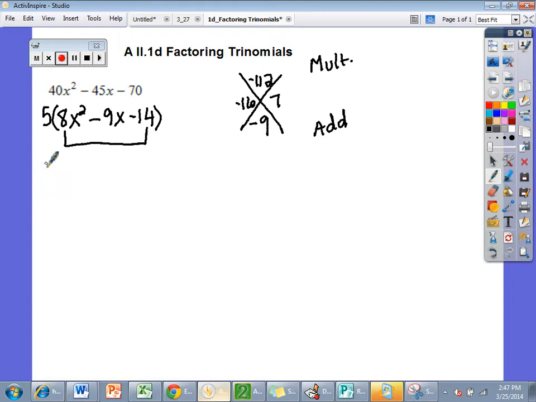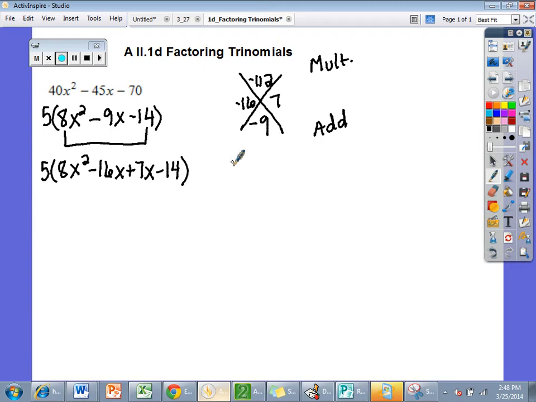So what we're doing here is we're going to rewrite our trinomial, or what's inside the parentheses, as 8x squared minus 16x plus 7x minus 14. What we've done essentially is split up this negative 9x into two things, negative 16x plus 7x.